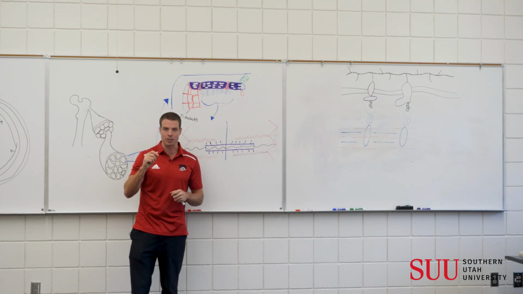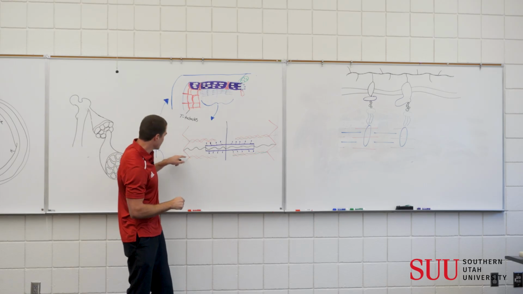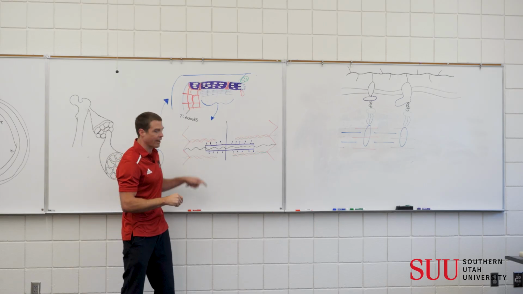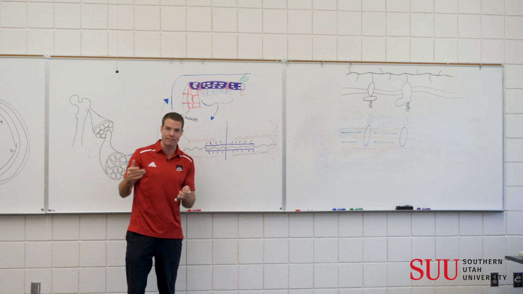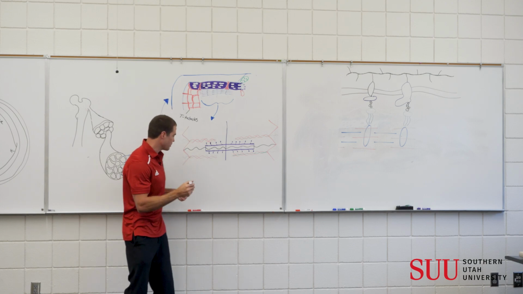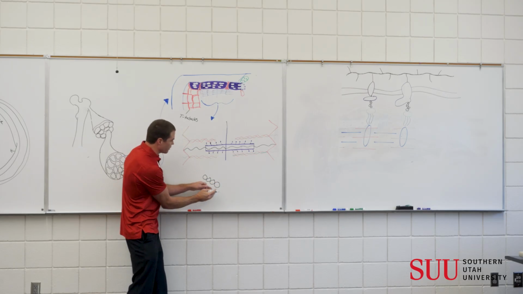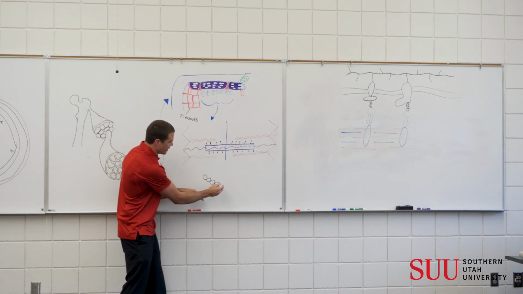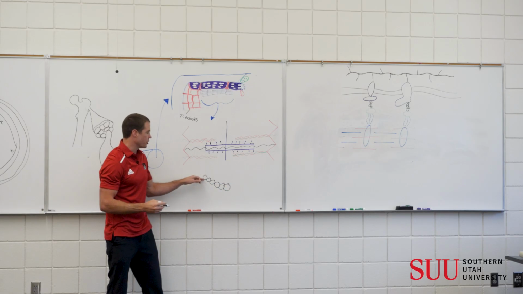Okay, so now the thin filament, that's primarily composed of F-actin. These two guys here, that's F-actin, an actin filament, which is essentially polymers of G-actin, right? So if each one of these is a G-actin, and you put a whole bunch of them together, then you get a filament.